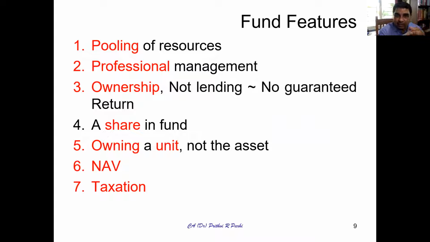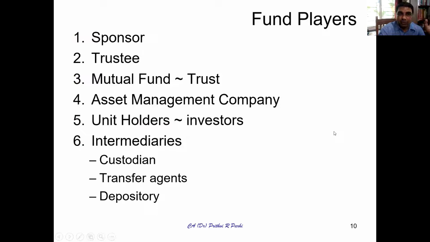There is a concept of net asset value, or NAV. NAV is the market value of the assets minus the market value of the liabilities. Net asset value per unit is the value of the units. Some of the funds also help in tax saving. These are some of the features of mutual fund we know.